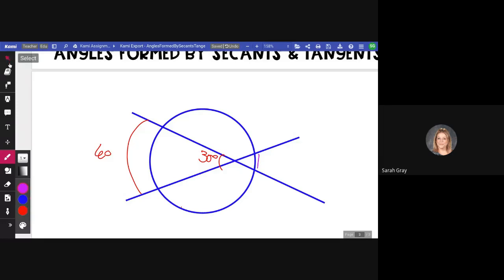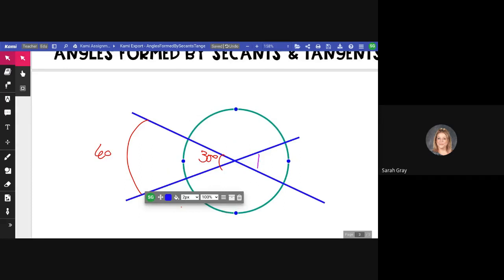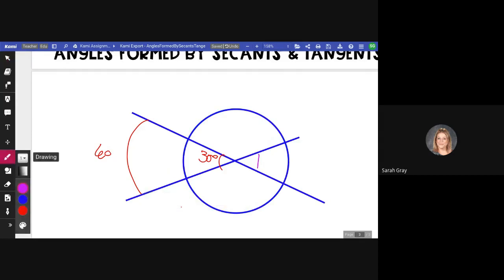If I slide that circle even more, slide it to the middle, where now that intersection's in the center, now those are both 30-degree arcs. Because now it's a central angle. So now they're both 30. Those add up to 60, just like it did when it was kind of off center.